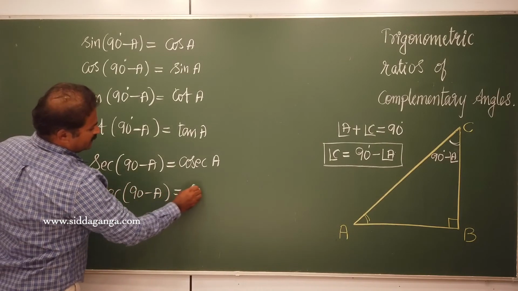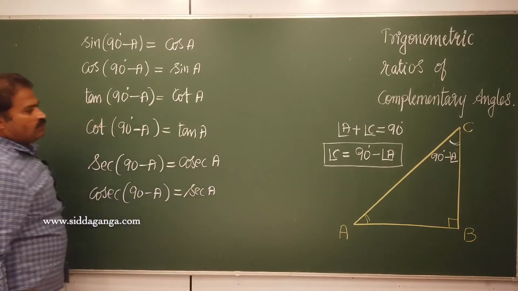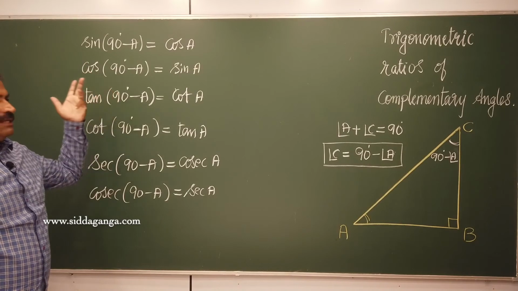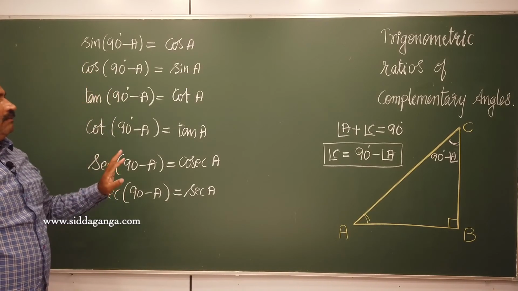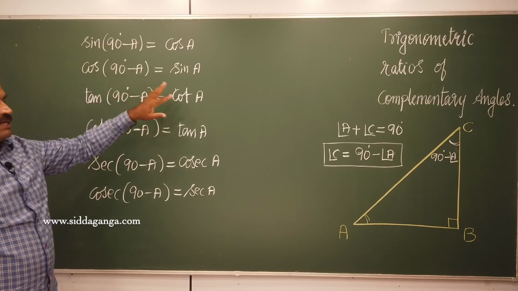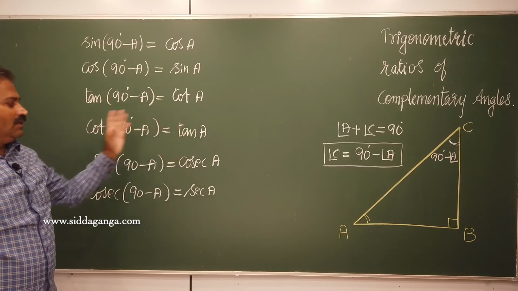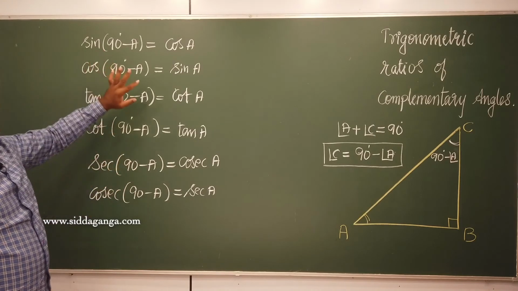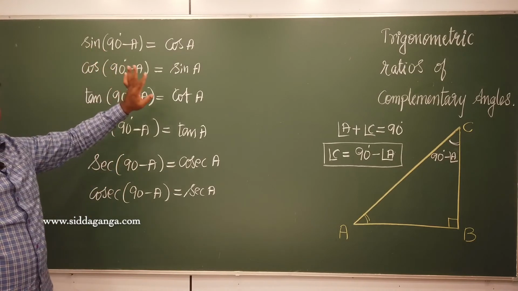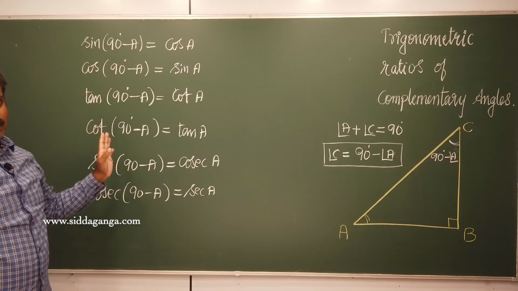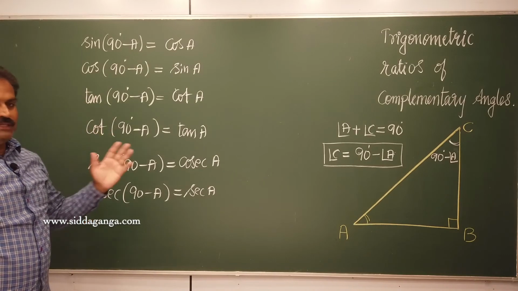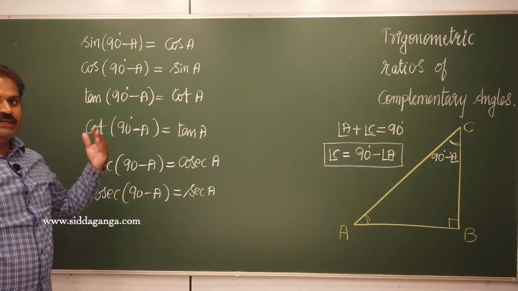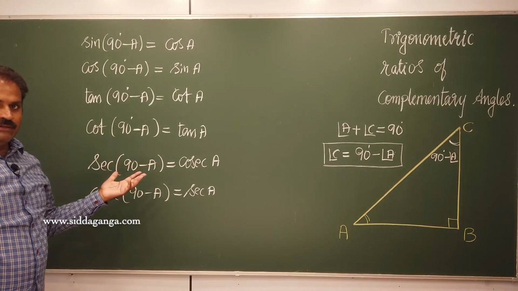It is equal to secant A. So wherever you find an angle, you can always get its complementary by changing cos to sine and sine to cos, tan to cot, cot to tan, cosecant to secant and secant to cosecant, with one of the angles as complementary. For A, the other angle you can take is 90 minus A. For theta, you can take the other angle as 90 minus theta. For 20 degree, you will take 90 minus 20 degree.